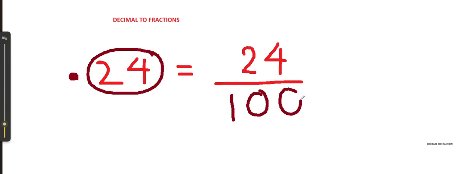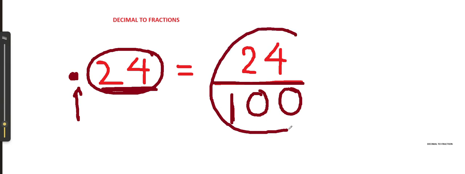So it shall be 2 zeros. Whatever number is there, you write that number as the numerator. Then this decimal point counts as 1 for the denominator. The number of digits that you have after the decimal, 2 digits over here, so we are going to put 2 zeros in the denominator. So your final answer in conversion of decimal to fractions would be 24 over 100.